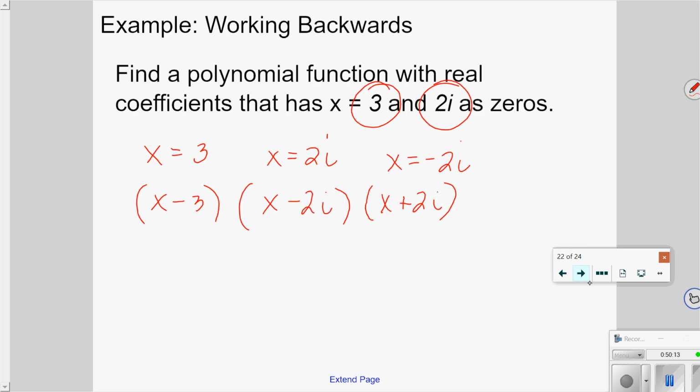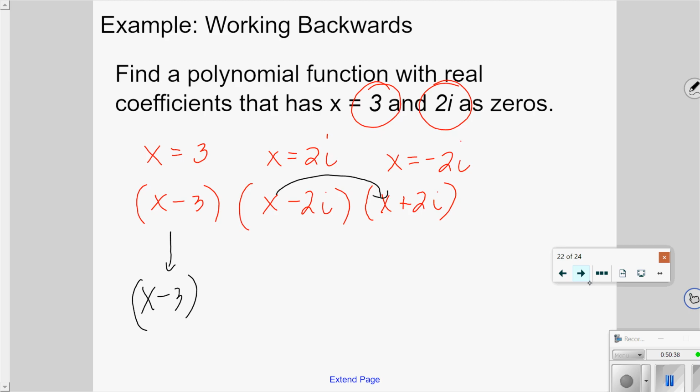So the order in which you multiply, again, doesn't matter. But which 2 do you think you should do first? Which 2 kind of match? The 2i ones, right? So I'm just going to bring this one down, and I'm going to multiply these.